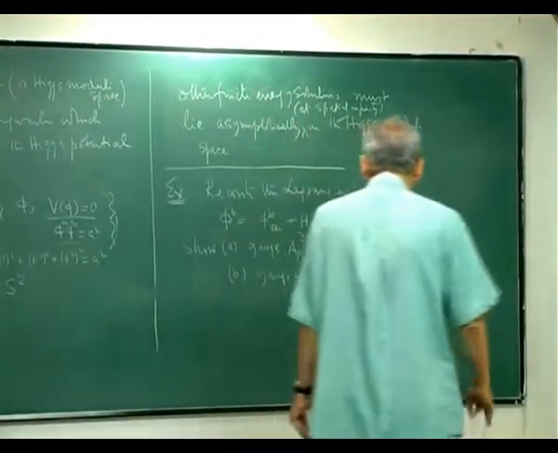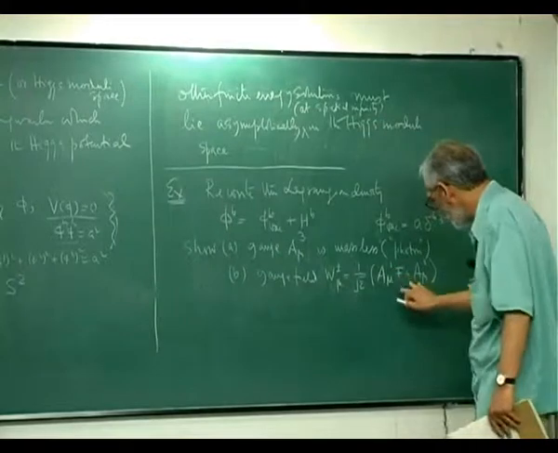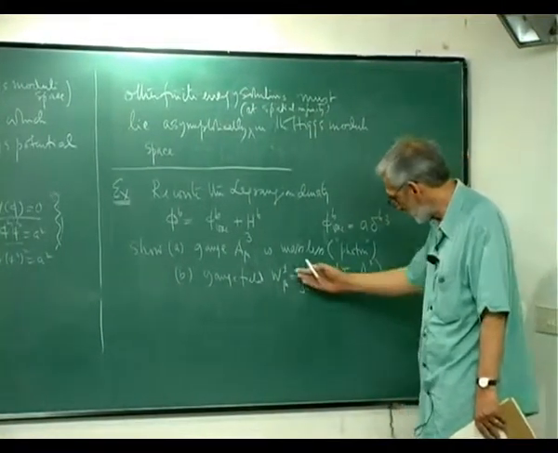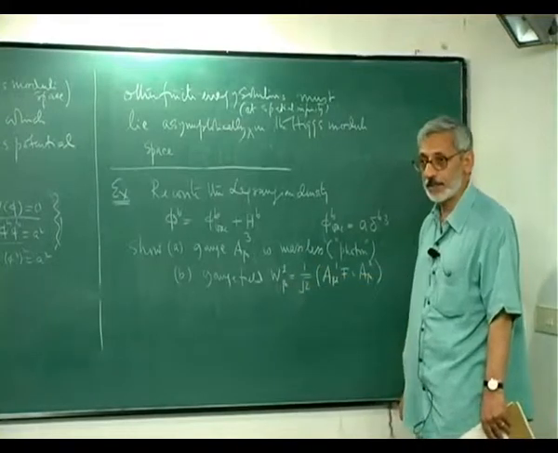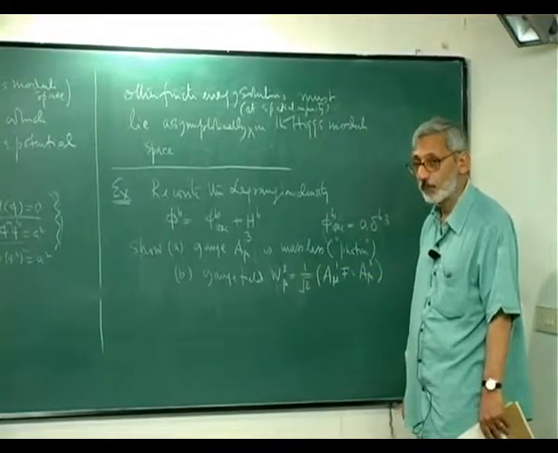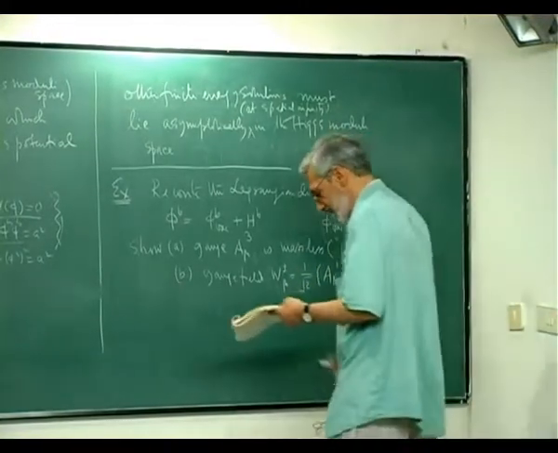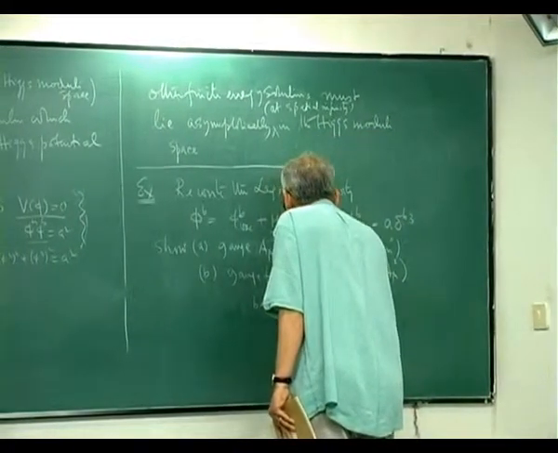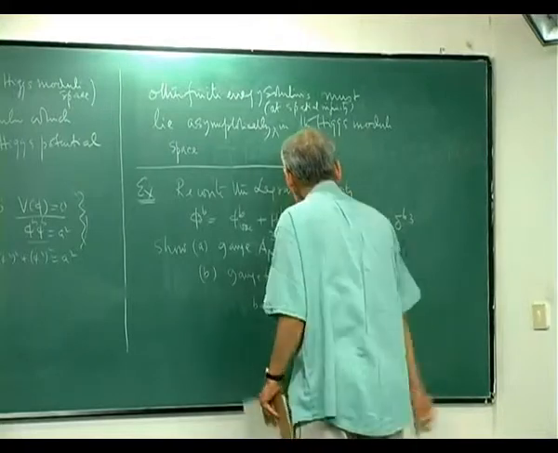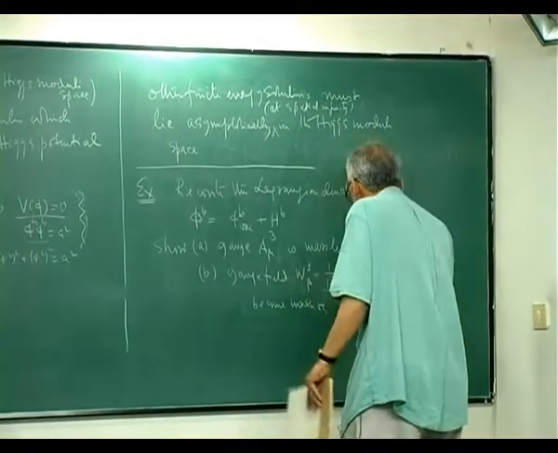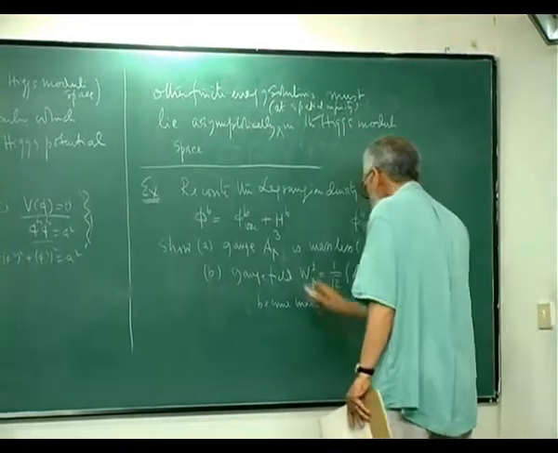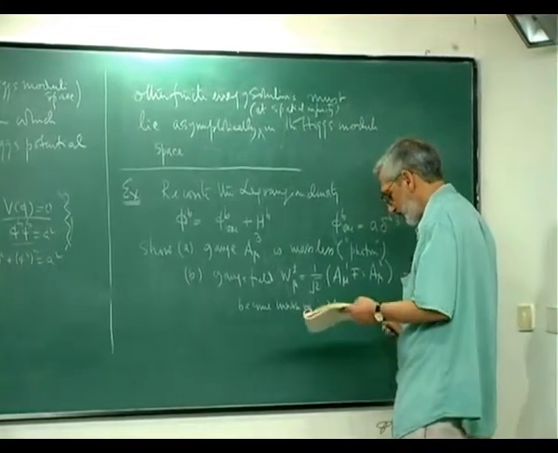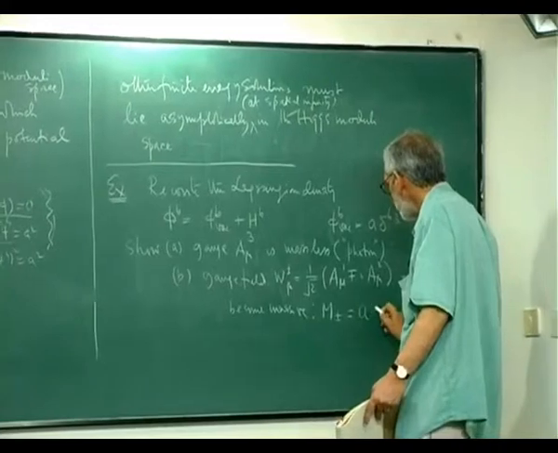So the other two components are rewritten in these complex combinations, each other's complex conjugate. These objects become massive, with mass values m plus minus equal and given by A times e.